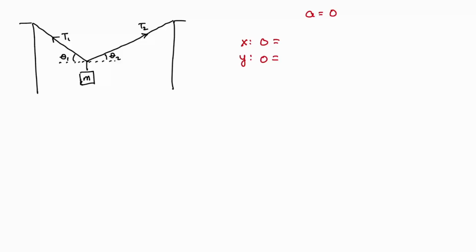Zeros are fun because they make things easier, right? Okay. You're like, this isn't easy, Mr. Balogh. You're right, this is a little bit harder, I think, because we actually have to go find components for both of the tensions. Why do we have to do that?